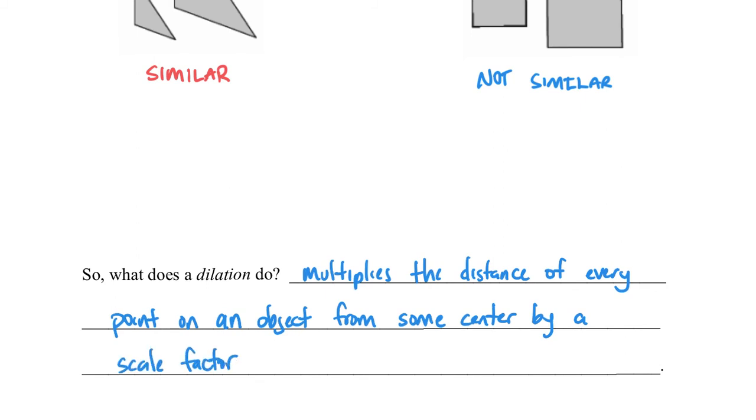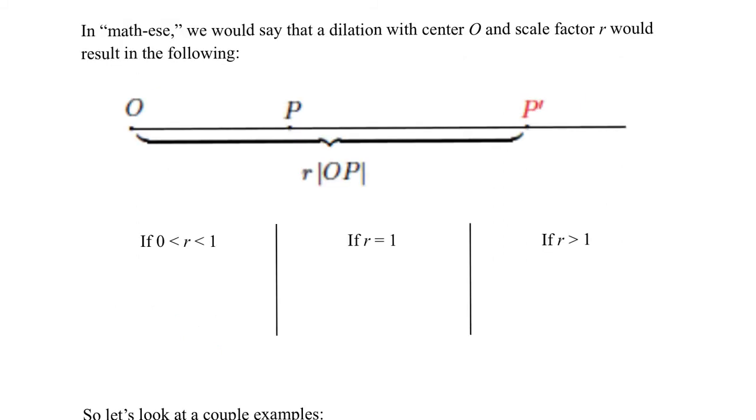Okay, so let me show you what that means. It multiplies the distance of every point on an object from some center by a scale factor. Okay, what the heck does that mean?